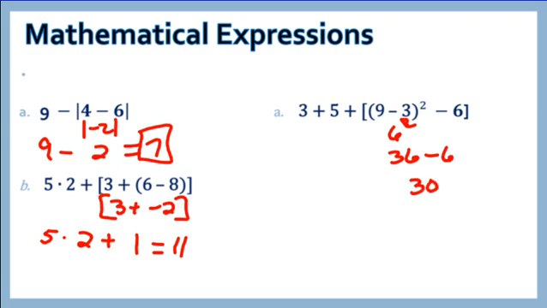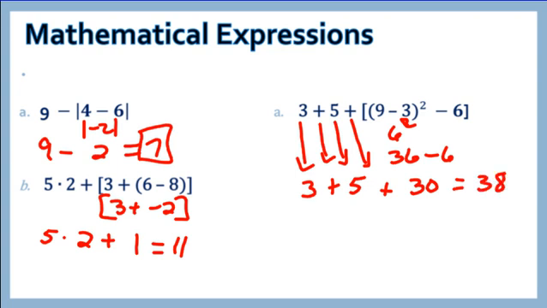So that's what's in my bracket, 30. Now I bring down my plus sign, bring down the 5, bring down the plus sign, bring down the 3. Since I just have addition left, I add from left to right. 3 plus 5 is 8, 8 plus 30 is 38. This would be my answer.